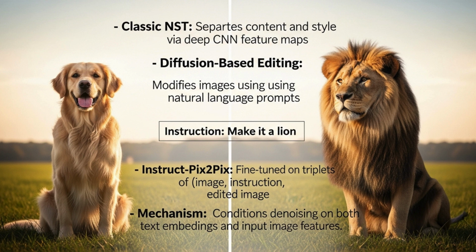Architecturally, it conditions the diffusion denoising process on two things simultaneously: the CLIP text embedding of the instruction and an encoding of the original input image. This dual conditioning allows it to make localized, context-aware changes that respect the original image's composition, rather than regenerating it from scratch. This is a paradigm shift from applying a global style to performing a specific instructed edit.